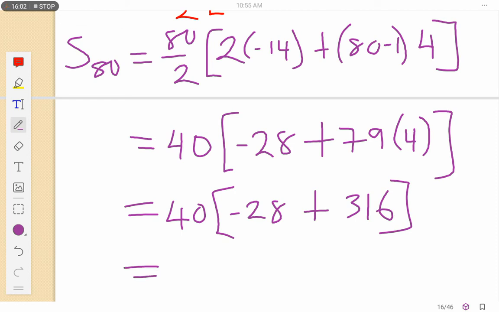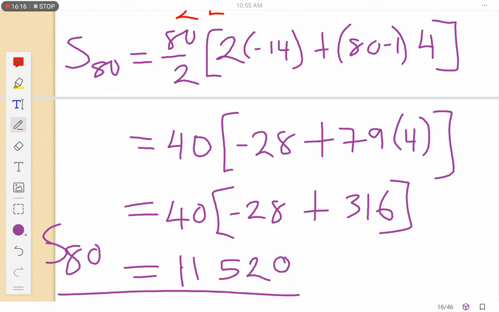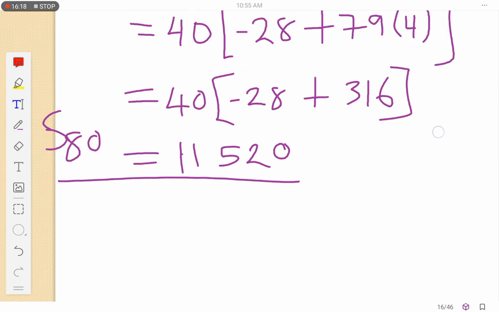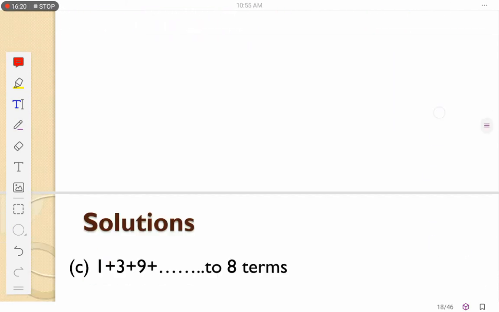Simplifying this, at the end of the day, I'll have the summation of 80 terms being equal to 11,520. So this is my final answer. Let's go on to the last question, our C.